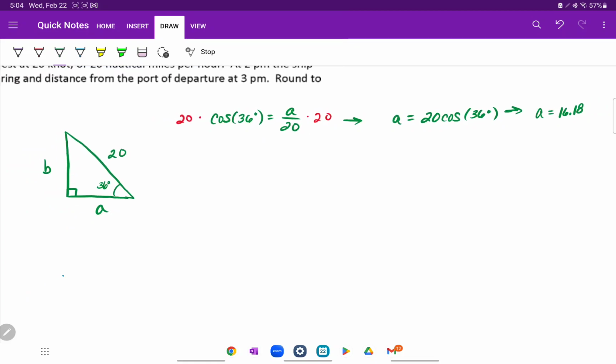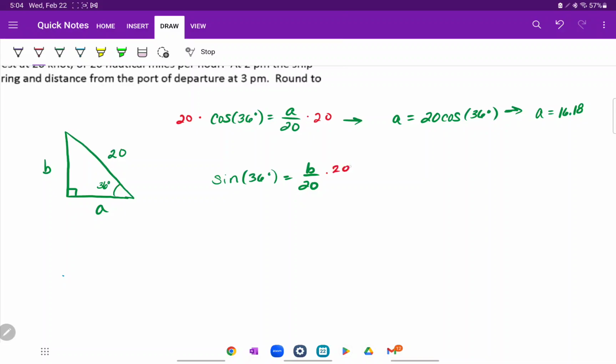And then I'm going to do the same kind of thing to find our side B. Now this time B is opposite our 36 degree angle. So we have opposite and hypotenuse. That's going to be sine of 36 degrees equals B over 20. And then I'm going to do all the same things.